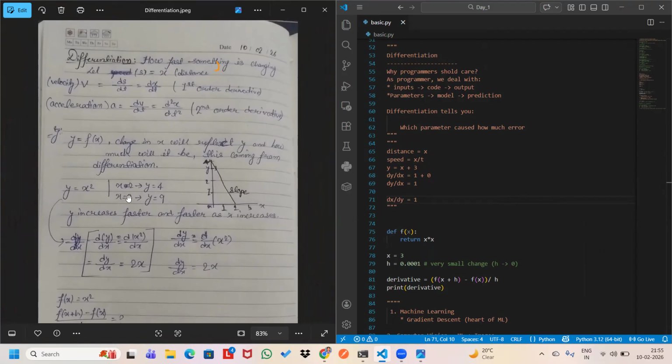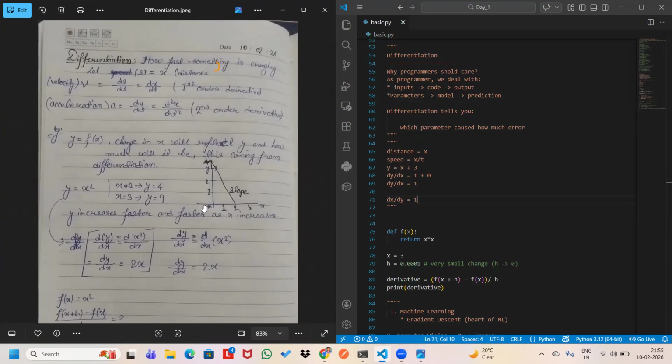If I put the value of x as 3, then y would be 9. That means change in x will reflect in y as well. If you increase x, then your y will also increase much faster.